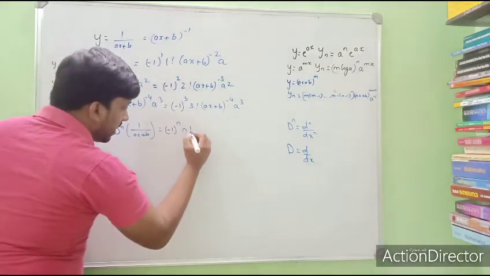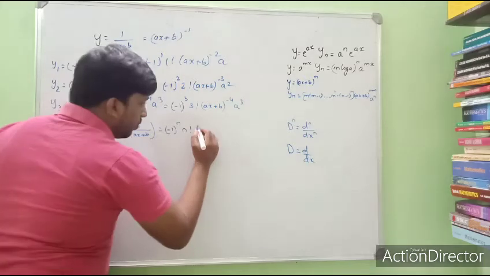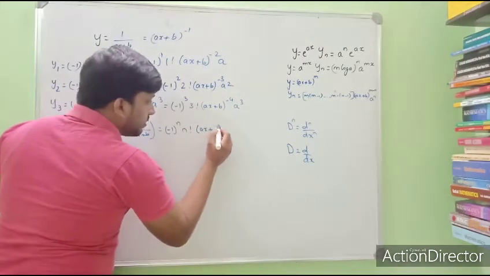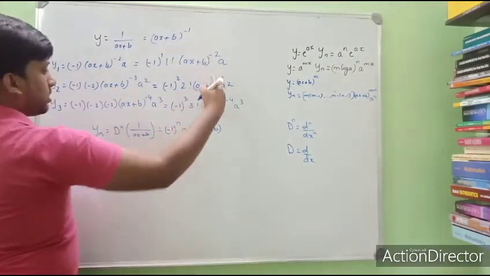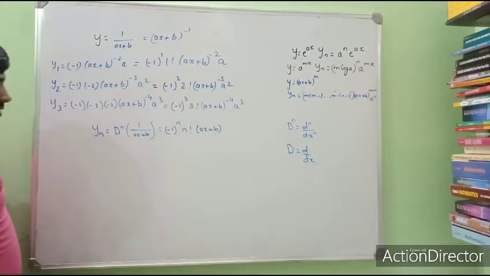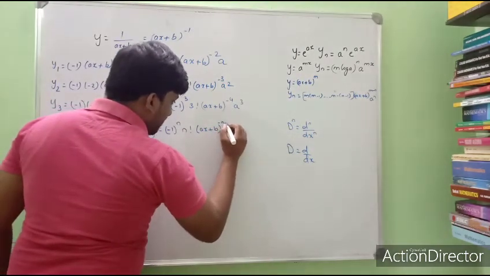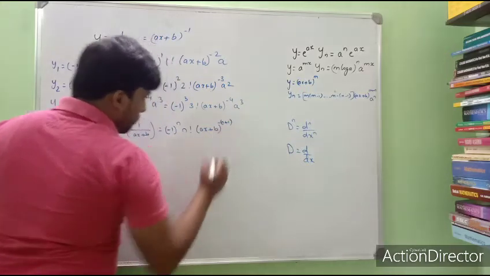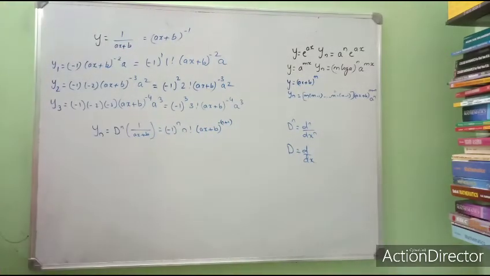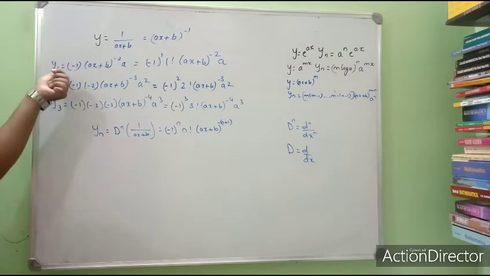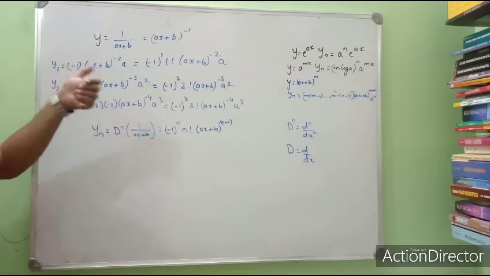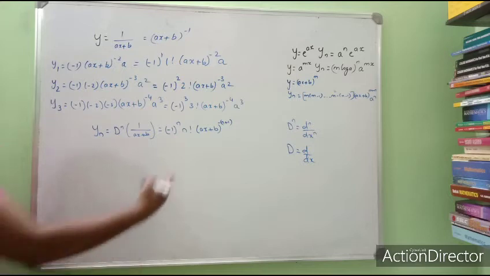So I am going to take it as n factorial into (ax plus b). Here it is minus 2, minus 3, minus 4, it is happening like this. What's happening? Minus n minus 1, right? It is minus n minus 1. If you take 3, see this is n, right? 1 plus 1, 2, it is minus 2; 2 plus 1, 3, it is minus 3. It happens as minus n minus 1.